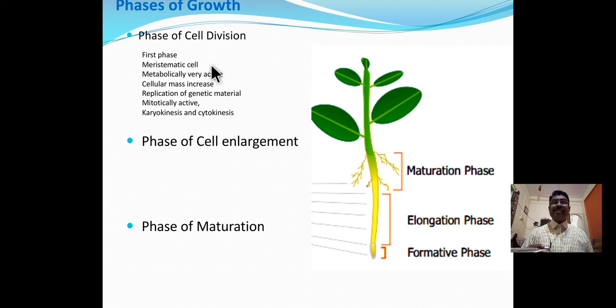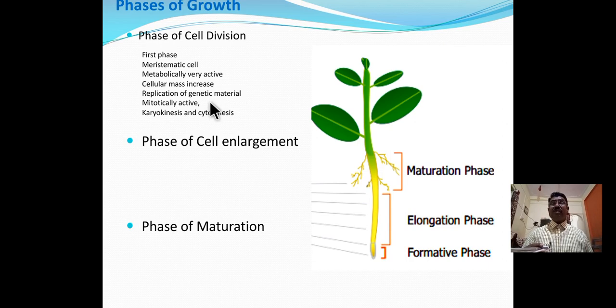These cells are metabolically very active at the time of cell division. During cell division, cellular mass increases and replication of genetic material takes place.